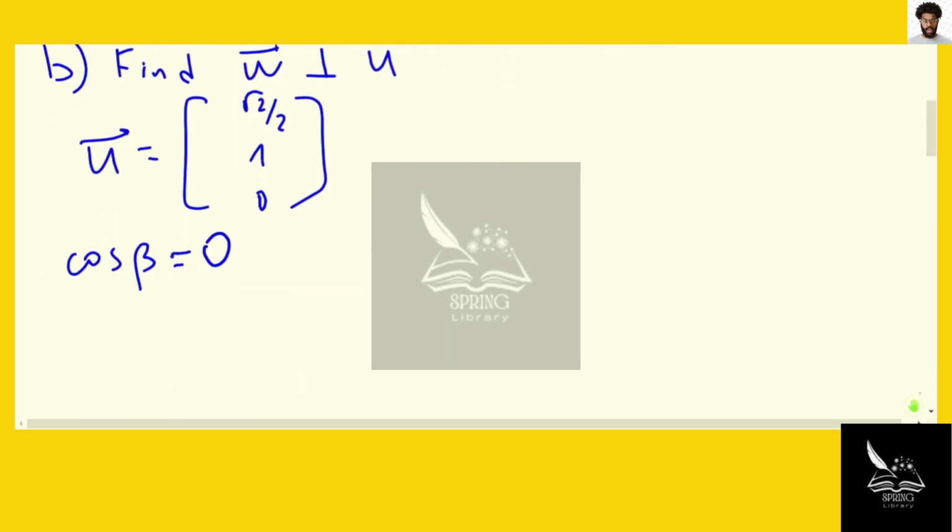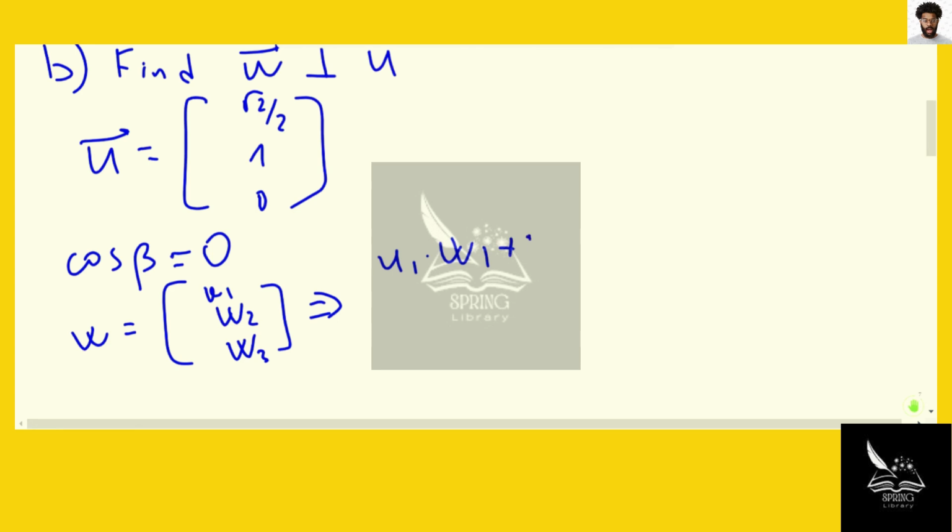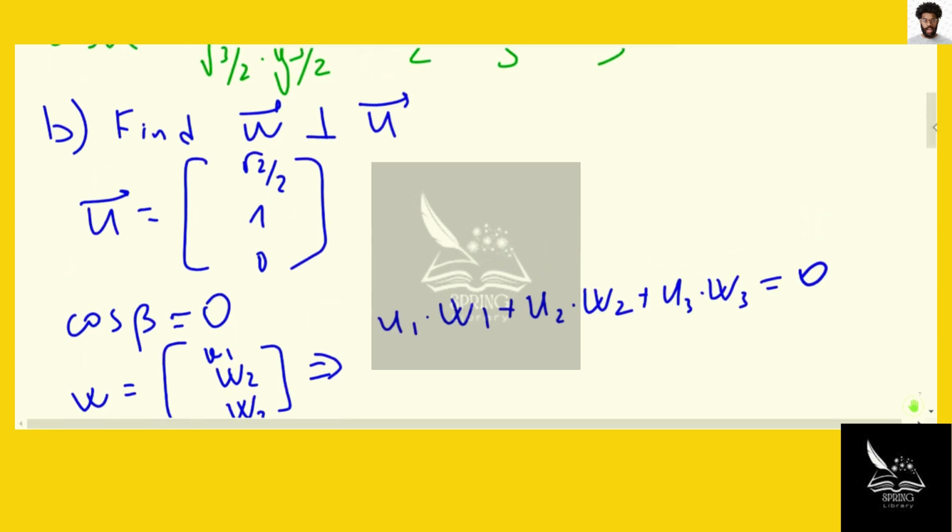So basically, if we have a vector with coordinates w1, w2, w3, we have to meet the following condition: u1 multiplied by w1 plus u2 multiplied by w2 plus u3 multiplied by w3 equals 0.